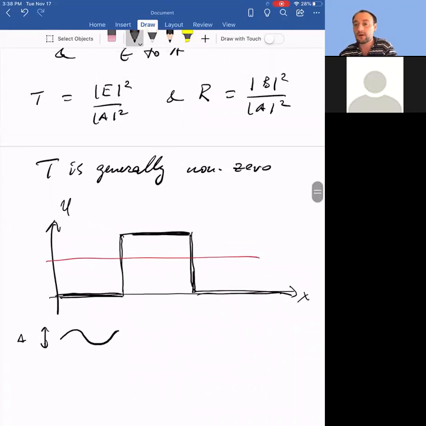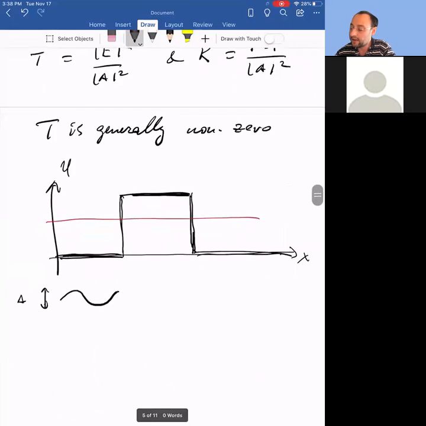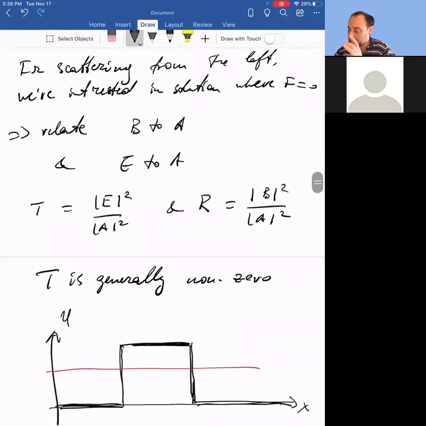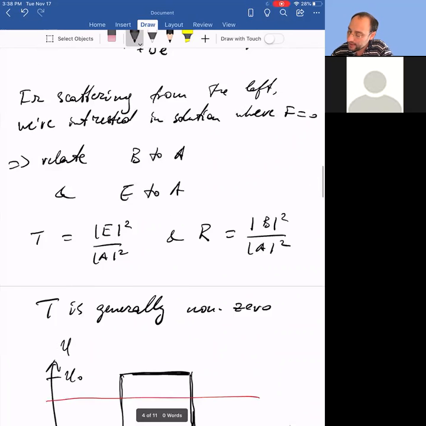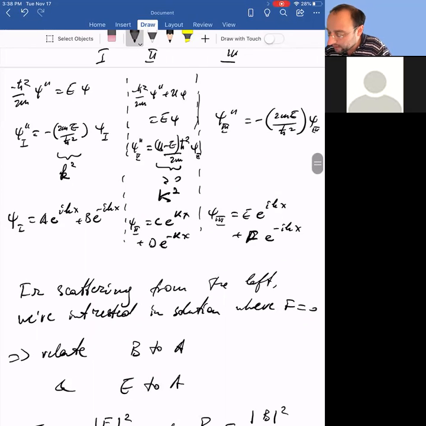But if the barrier is deep, I'm sorry, if the barrier is high, if E is much less than U naught, this is U naught, the coefficient C, the growing part, will generally be very small.